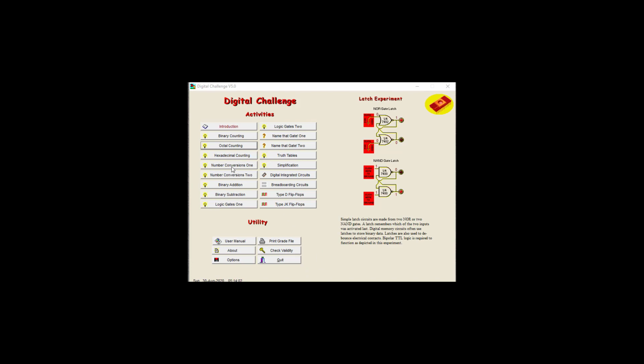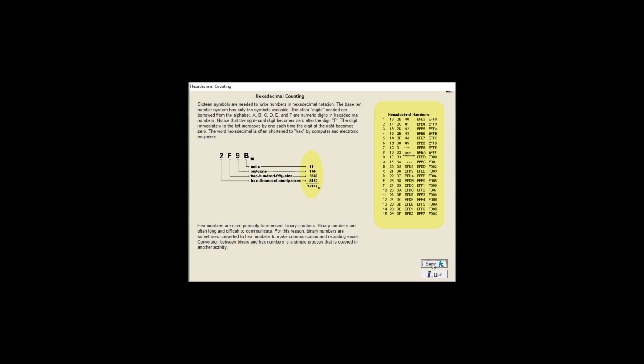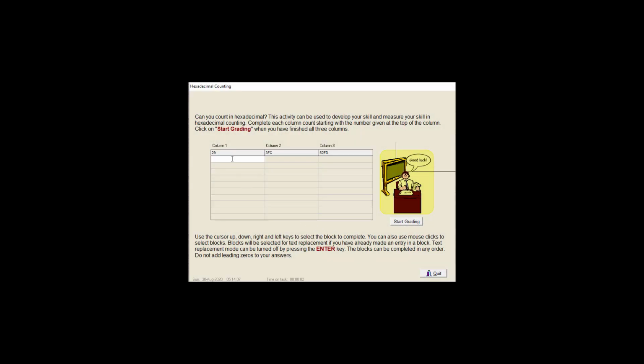Okay, our last sample of the day will be hexadecimal counting. So here we have 29. It would be 2A, 2B, 2C, 2D, 2E, 2F, and then 30.